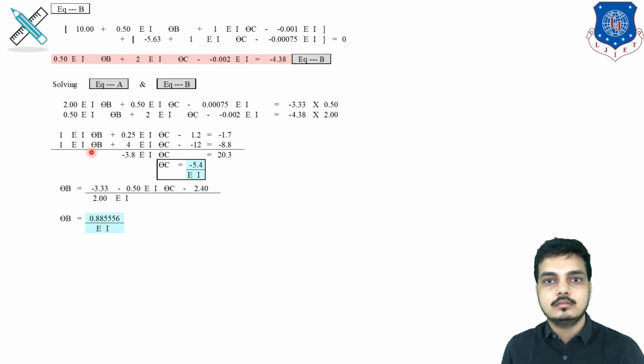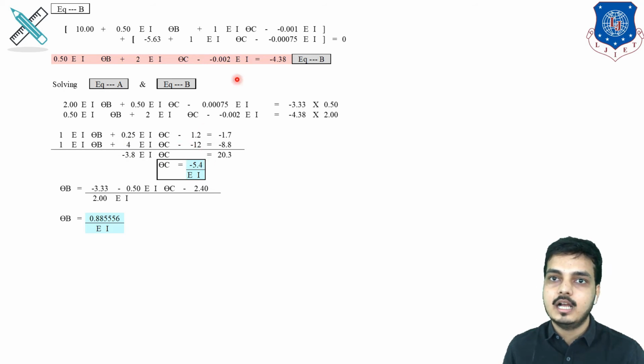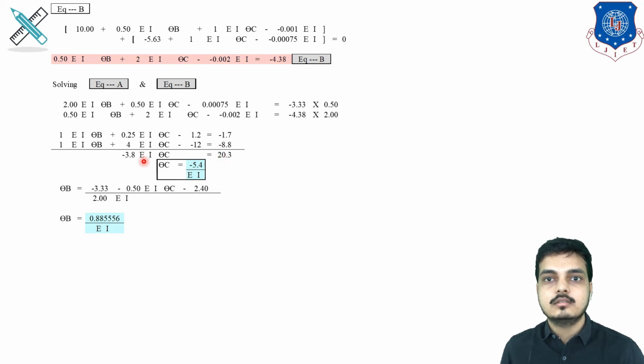This will be cancelled out. By solving this, I will be getting minus 3.8 EI theta C. Here it will be cancelled out because minus minus plus. As I said, I will be solving it again ahead. So this minus minus plus will be directly cancelled out. So theta C is nothing but minus 5.4 upon EI.